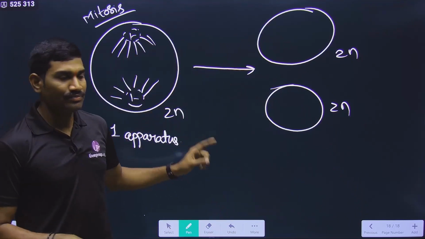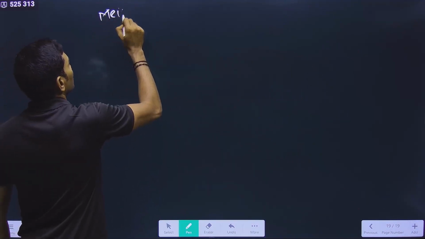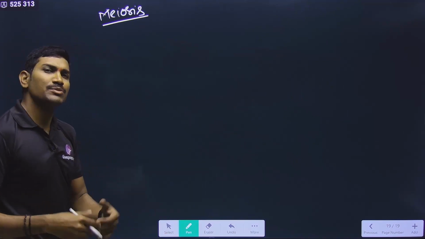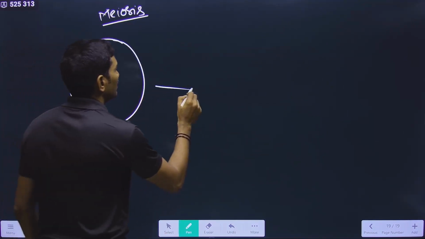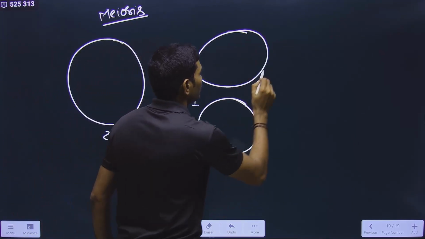This is the calculation. Suppose you are going for meiosis. This is very important. Observe carefully. In meiosis, the meiotic or spindle apparatus is there also. Here what you will say? Parental diploid cell. After meiosis 1, 2 haploid cells are produced.